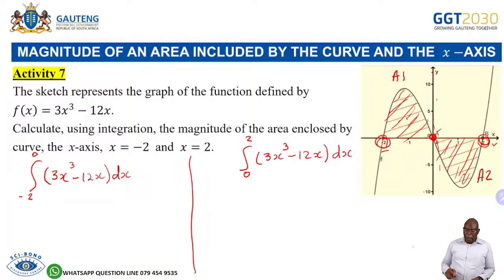Now, first of all, I'm going to integrate before I substitute. When I integrate, I'll get 3 over 4 x to the power 4 minus 6x squared. By now everybody must know how to integrate.